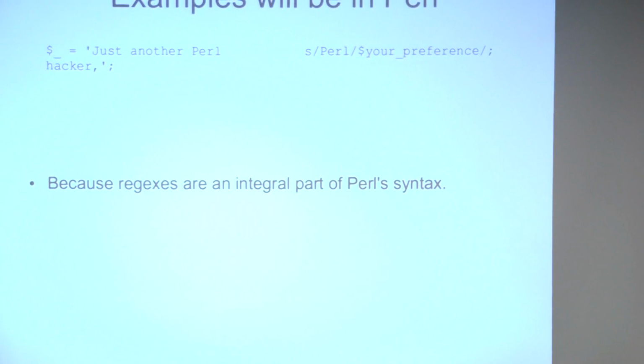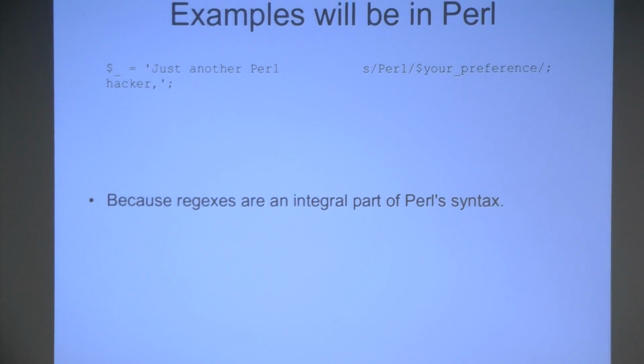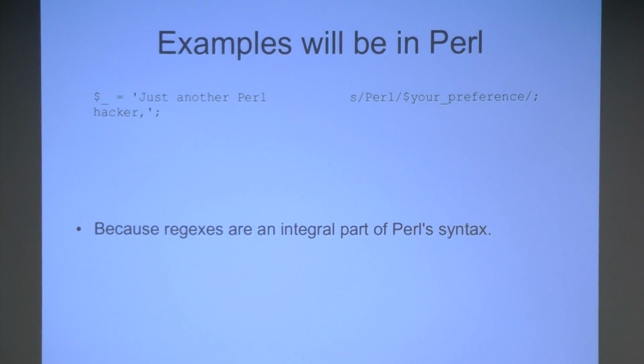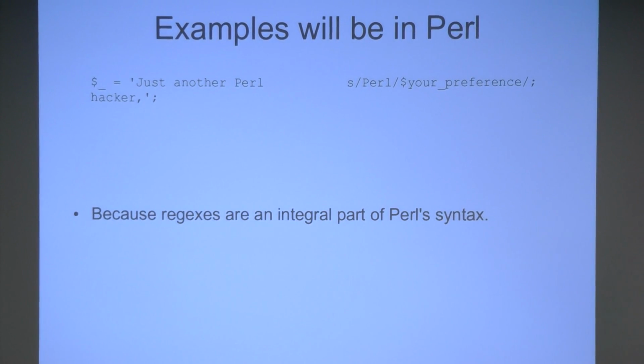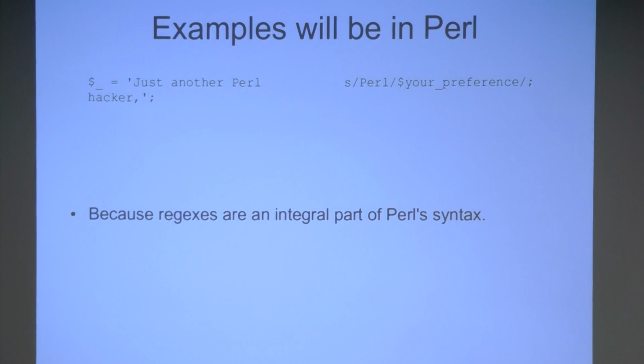Examples will be in Perl. Why? Because Perl regular expressions are part of Perl's syntax. They're very convenient to use. If I were to base this on C++11 regular expressions, it would be a disaster because we'd spend all of our time dealing with how to incorporate them into code. With Perl, they're automatically a part of code.